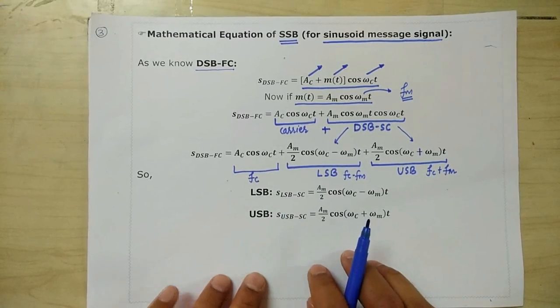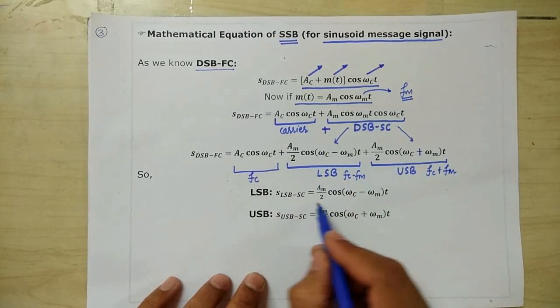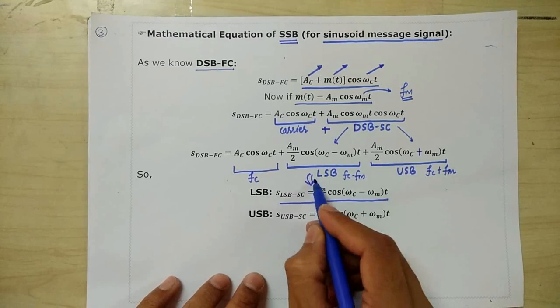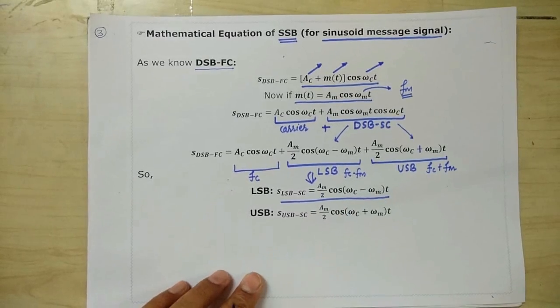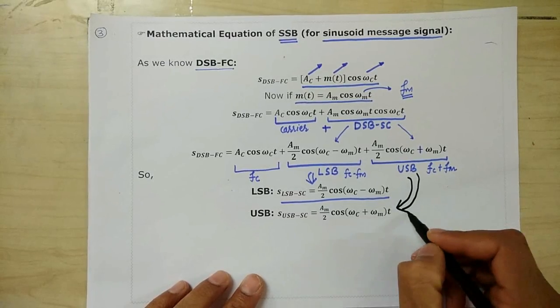So if you see the LSB equation, this term is my LSB. If you see USB, this is my USB.